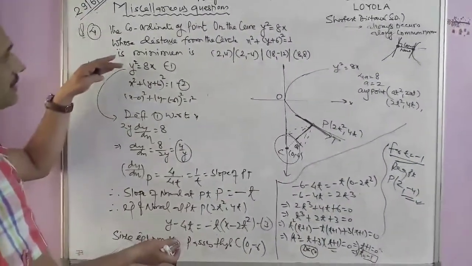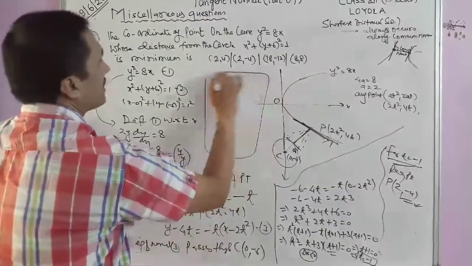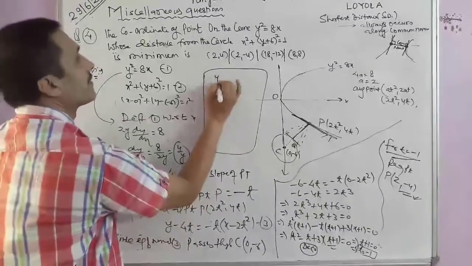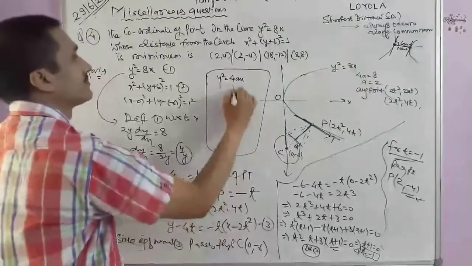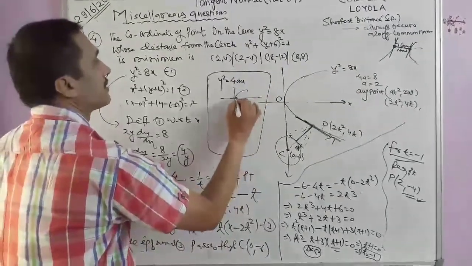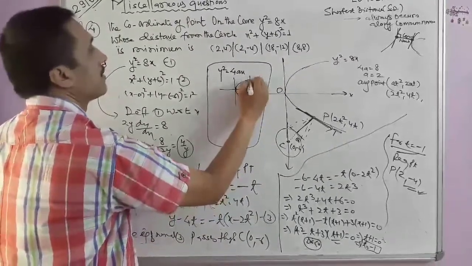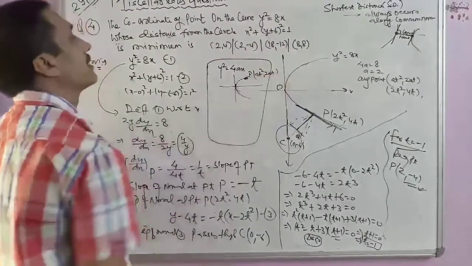In the objective, if we take a result from coordinate geometry, y square equal to 4ax, any point on this curve is at square 2at.